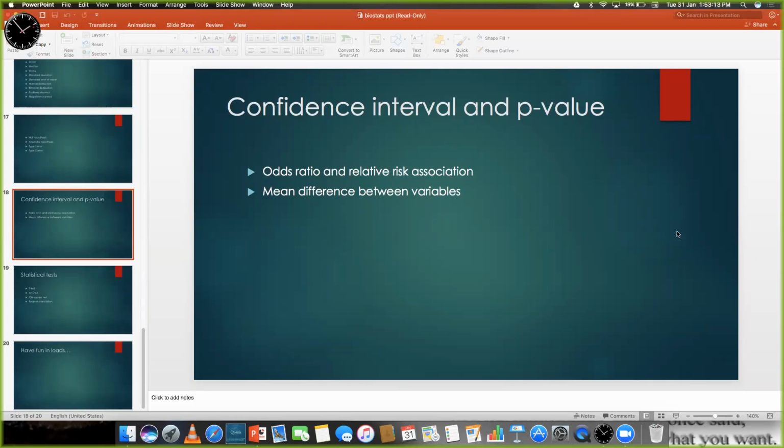So, 1 minus specificity, and there is sensitivity. Okay.